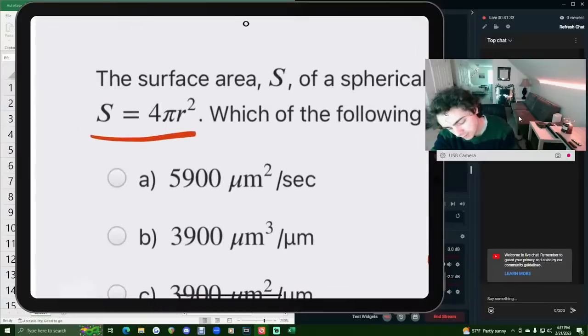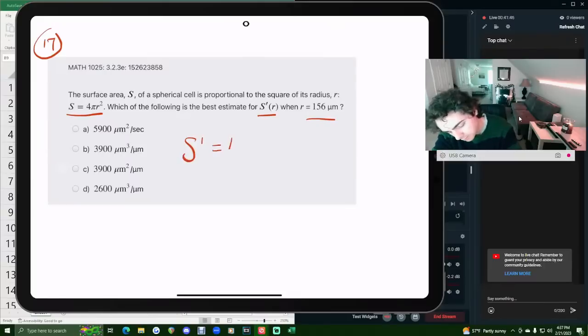So when we look at this here, we know how to take the derivative of R squared. So we're just going to do that. And 4 pi is just a constant or a coefficient, so it's just going to stay out in front unbothered. So it's going to be 4 pi, and then we take the derivative of R squared to get 2R, because we brought out the 2, leave the R, and now R is to the first power.